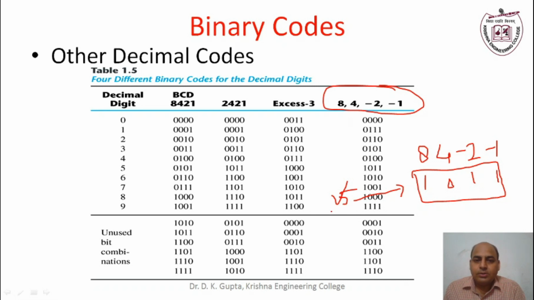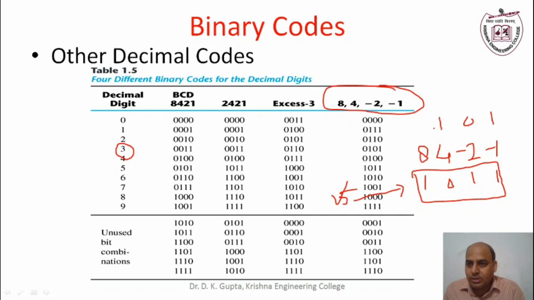Is it clear? So we can take another example. Suppose we want to write 84 minus 2 minus 1 code for 3. So how can we write it? If we want to write 3, that means 1 equivalent to 4 minus 1, that means 4 minus 1 equal to 3.